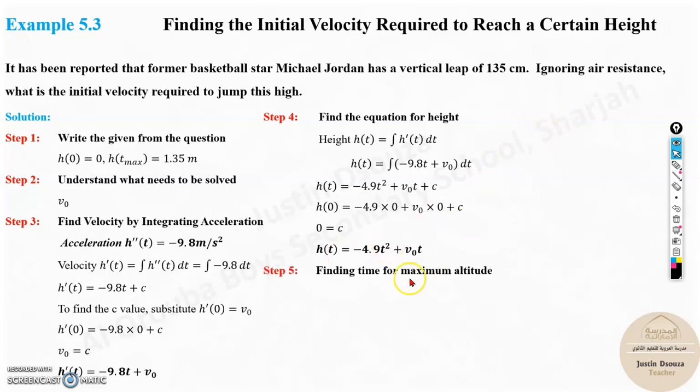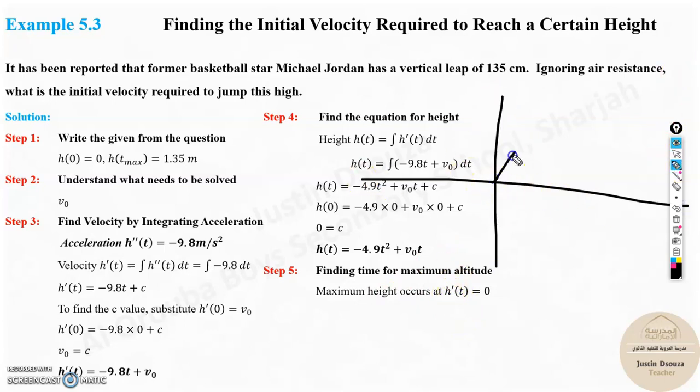Now what do we do? Here now we'll find the maximum altitude. How do we find the maximum altitude? In the last problem we learned that the height is maximum when the velocity is 0. It's increasing, it reaches 0 and then it decreases. So at that particular point, the change in direction happens. H dash will be 0.